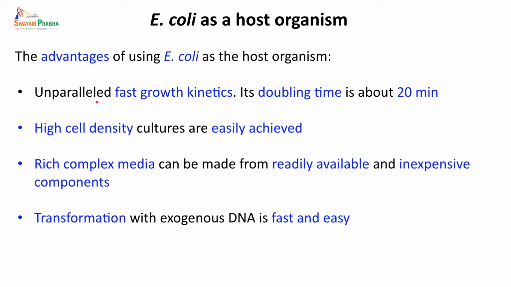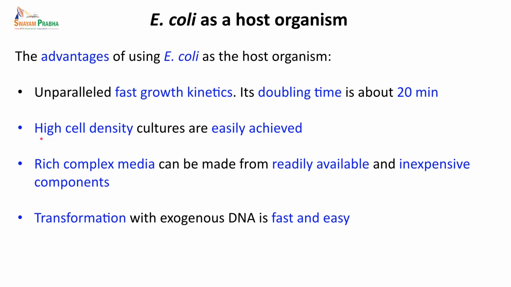First of all, E. coli has very fast growth kinetics. So it grows very fast. Its doubling time is roughly 20-25 minutes. And therefore, you don't have to wait for a long time in order to achieve the desired density of the culture for the production of the protein.